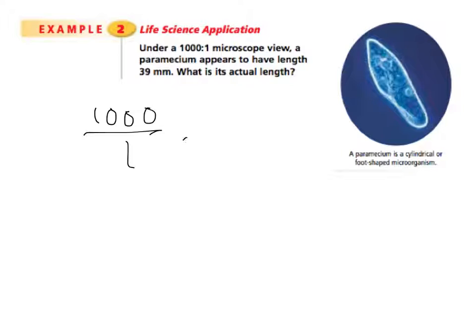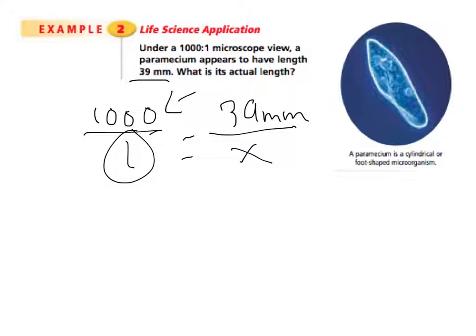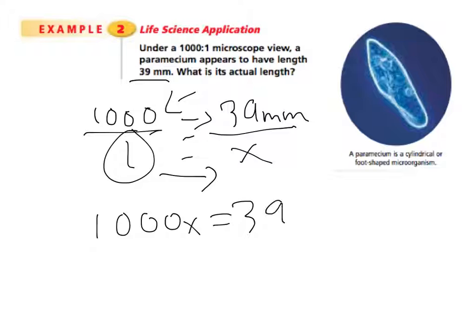And it appears to have a length of 39, so the 39 millimeters is going to go on top because this is how much it's zoomed. This is the original. So we want to know what does it look like. Okay, so the original is X, and when it's zoomed in, it looks like it's a 39. So we're going to do 1000 times X is equal to 39 times 1.